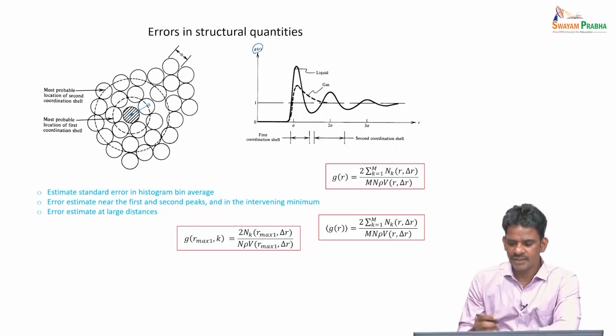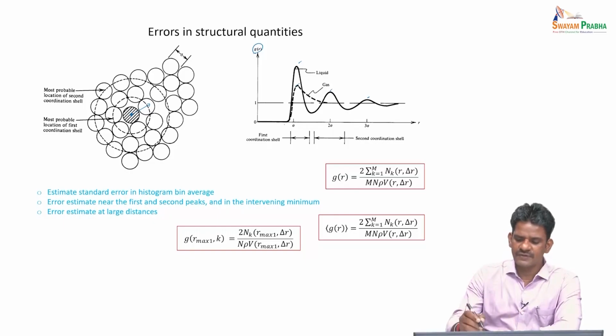If it is a liquid, you will have multiple peaks; if it's a gas, it has only one peak; and in the case of a solid, it will have designated peaks corresponding to the lattice symmetry. Now in this case also, we can calculate the error estimate, but instead of calculating it for the entire g of r, typically we choose certain points, maybe the first peak, the second peak, and the minimum between these two peaks.